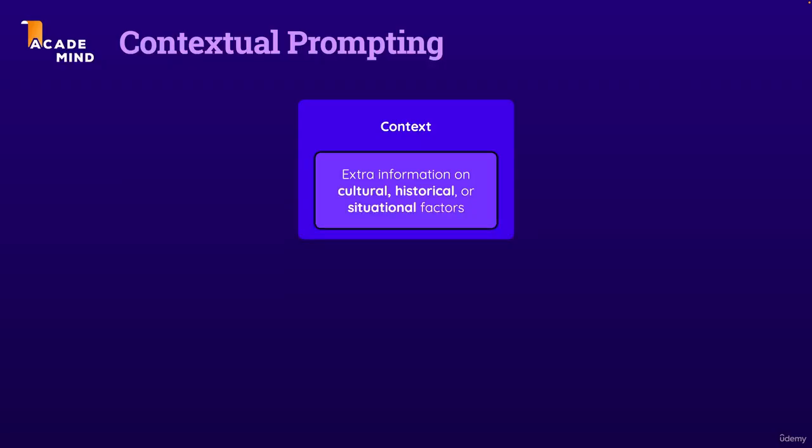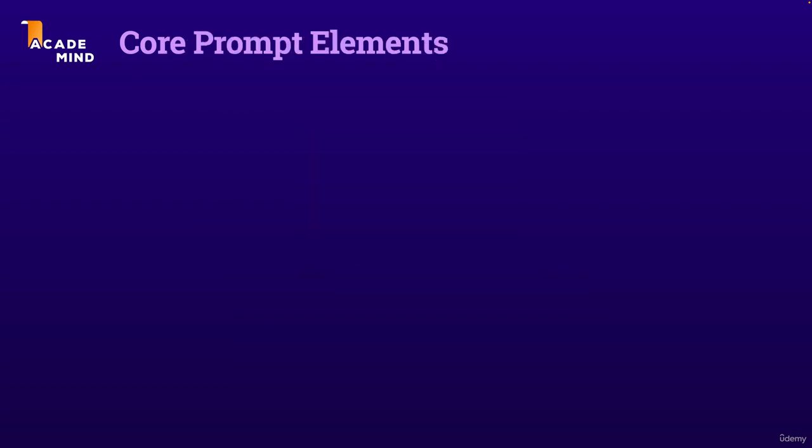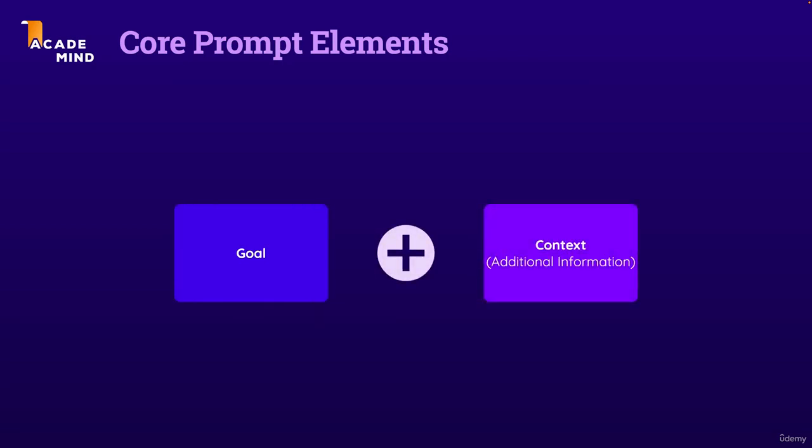So therefore, in the end, contextual prompting is still only about adding extra information, about setting the context of the prompt. And it therefore still comes down to these two core elements where you have a goal and you then add this extra context, this extra additional information.